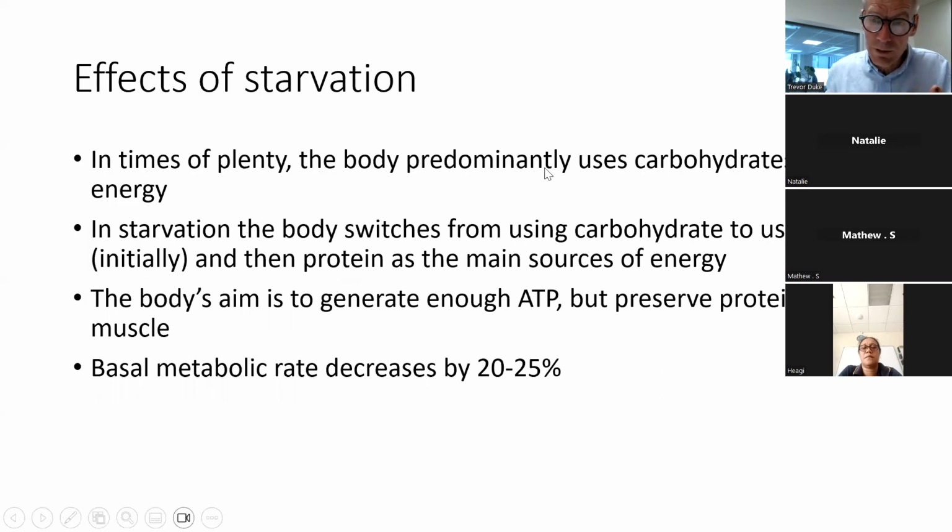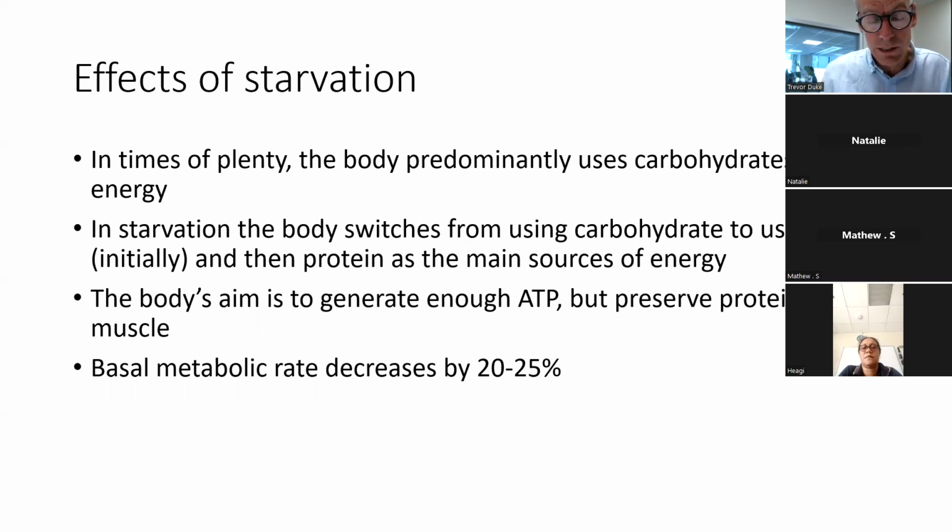In times of plenty, which is most of the time, our body uses carbohydrates for energy. Even though we eat carbohydrates and protein and fat, usually the body first of all uses carbohydrates for the production of ATP that's used for cellular functions.